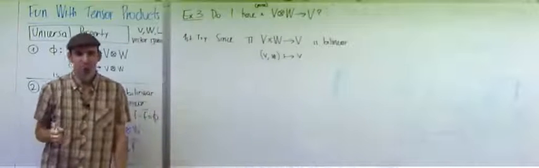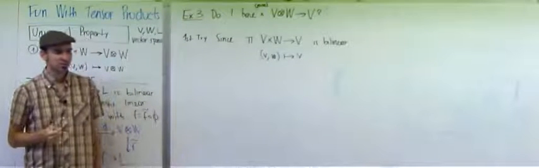So the first try: you could say, well, since this map is bilinear, then the answer is yes. And the map being this. Okay, that looks bilinear enough.